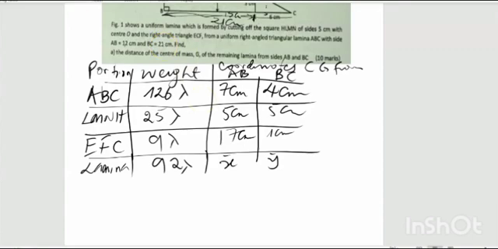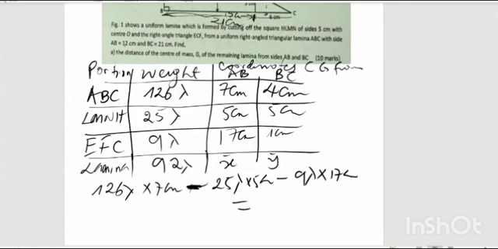So when you are taking the moments about AB, we are going to have 126 lambda times 7 centimeters minus 25 lambda times 5 centimeters minus 9 lambda times 17 centimeters. All of that equal to 92 lambda times x bar.